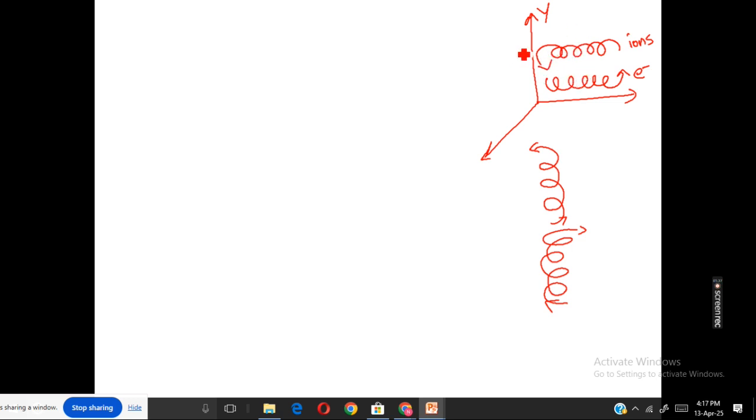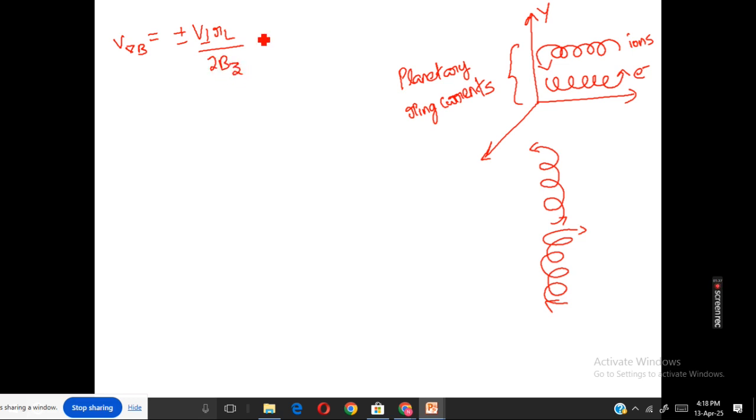So this charge separation leads to what is basically known as planetary ring currents. And the drift velocity due to the inhomogeneous magnetic field is given by plus or minus v perpendicular r_L by 2Bz into dou B by dou y, which is acting along the x direction.